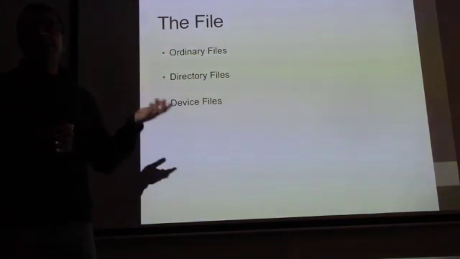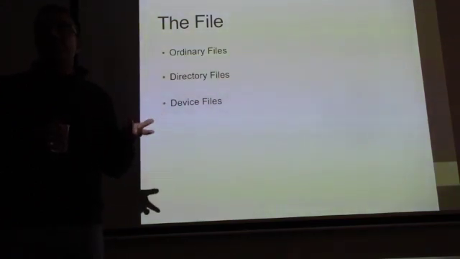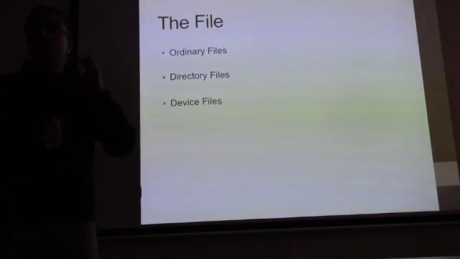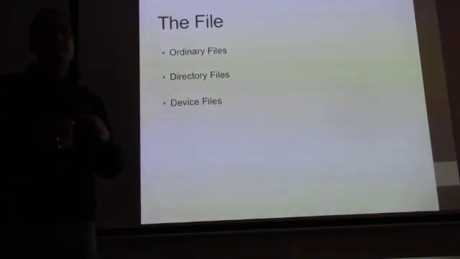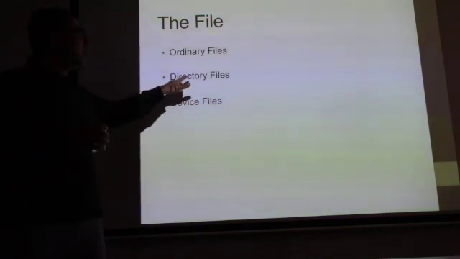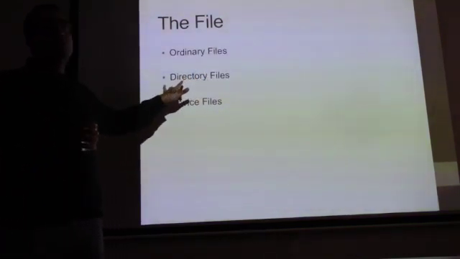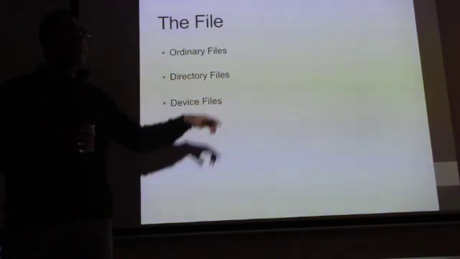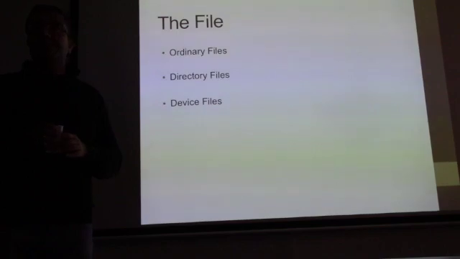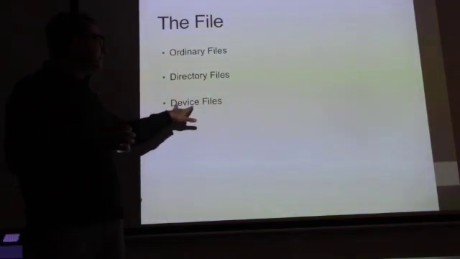It could be your alignment file. It could be your reference genome file. They're all ordinary files. Directories or folders: if you're in Windows or a Mac, you know how you create folders. Those folders are actually considered files, or directories. So these are called directory files. Directory files contain ordinary files. Does that make sense? And finally, there are device files.